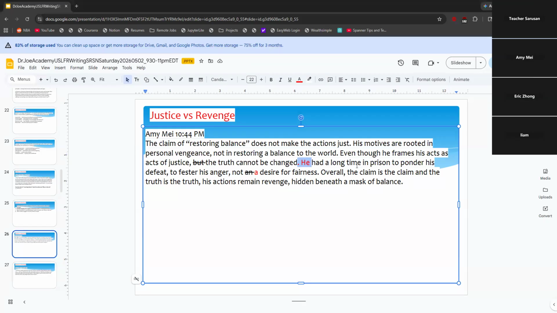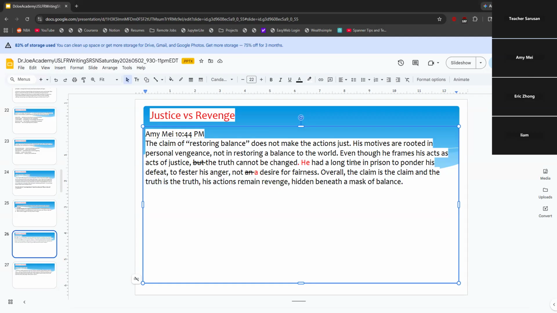All right, I think this can be phrased a little bit differently. His actions remain revenge. So this part is fine. This part, not as strong. I get what we're saying. These are two different things. The claim is one thing, truth is the other thing. I think we can phrase this in a much stronger and more impactful way. But the rest of this is pretty good.